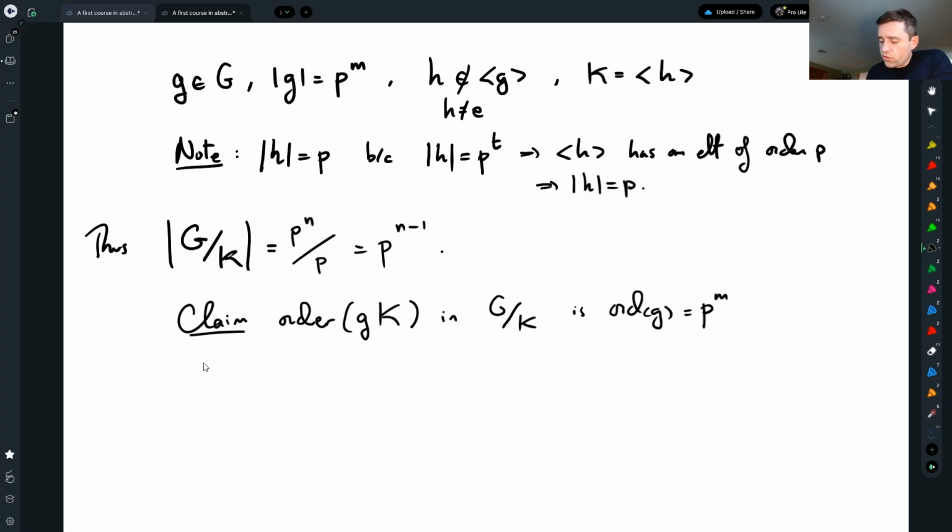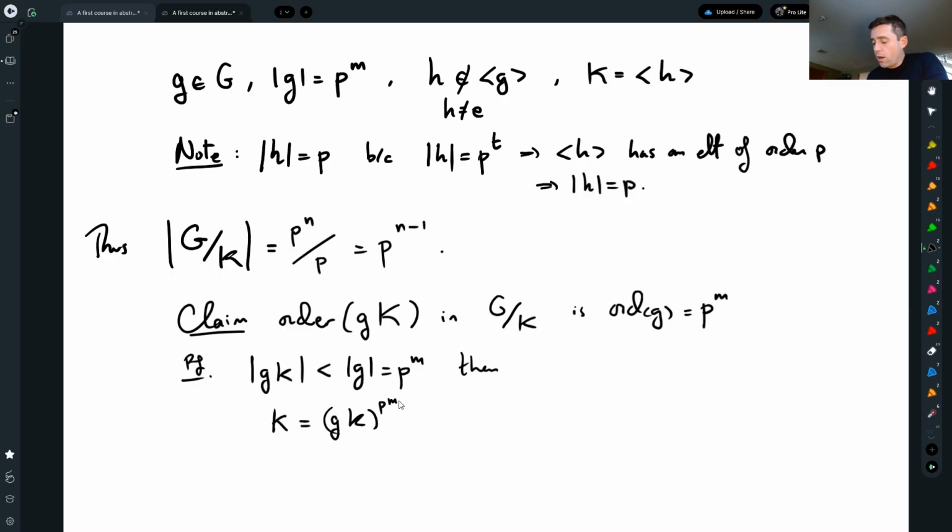Okay, so here's the proof of my claim. Suppose that the order of gK is actually smaller than the order of g, which is P to the m. Then, on one hand, gK to the P to the m minus 1 power has to be the identity in the quotient group, because the order has to divide P to the m minus 1.